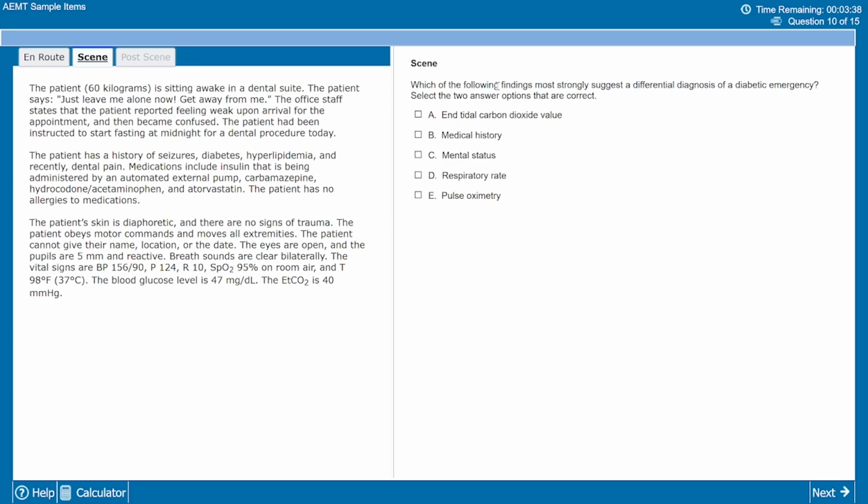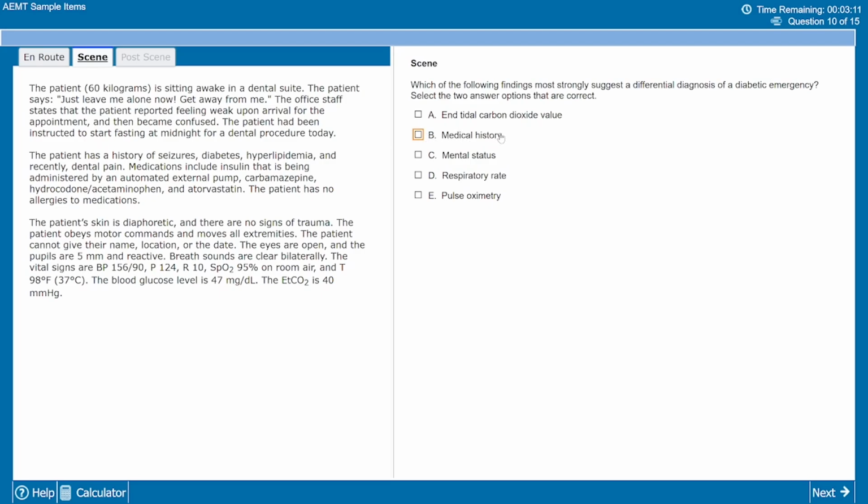So, which of the following findings most strongly suggest a differential diagnosis of a diabetic emergency? Select the two answer options that are correct. So, we can see that one of the answer choices is end tidal CO2 value. Now, if you know what the normal value is, you can obviously tell that that is incorrect because we know that the end tidal CO2 is within the normal range.